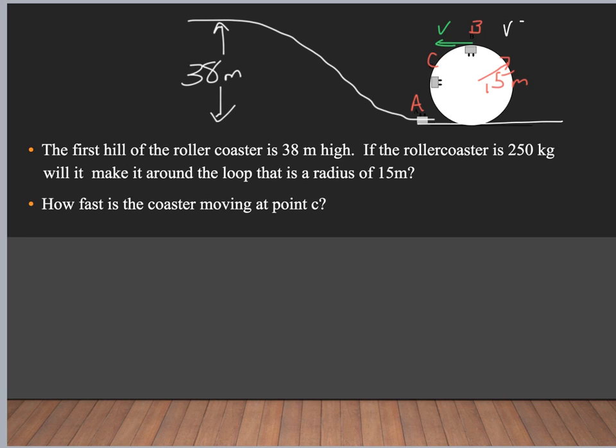So we know that the v at this point has to at least equal the square root of g times r. So this is going to be a comparison. We're going to solve for how fast the roller coaster is moving at point B, and then plug in g times r to figure out what the minimum speed is going to be.